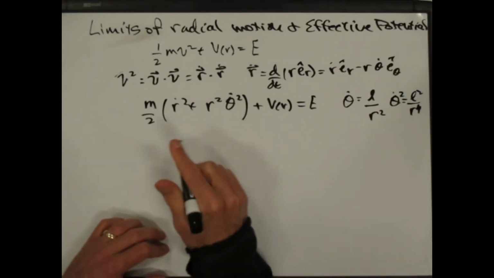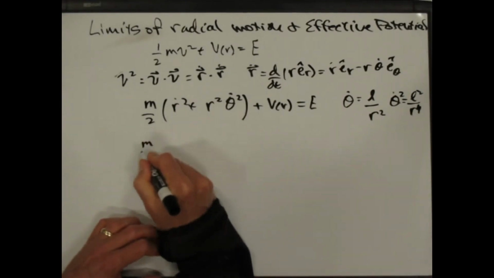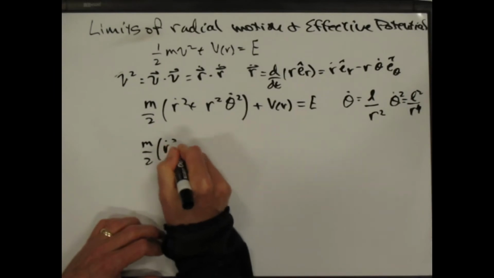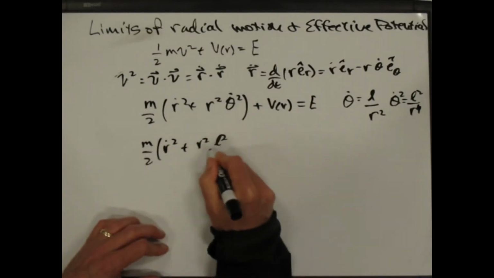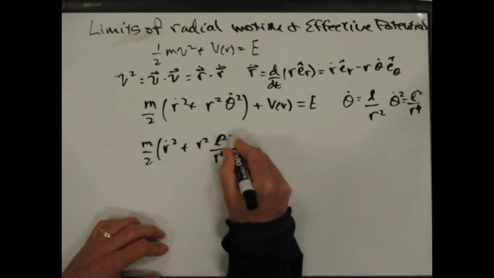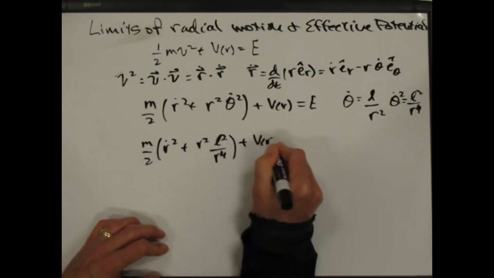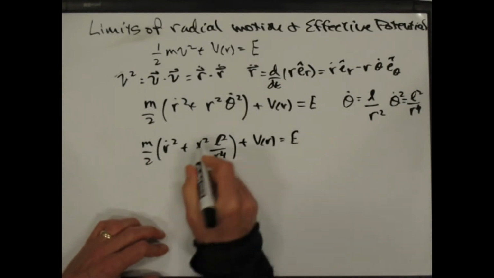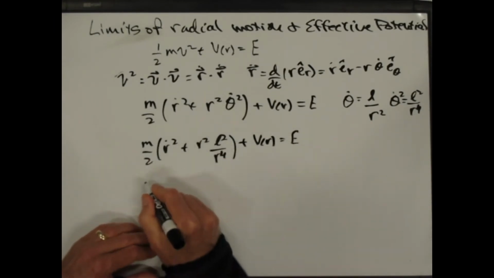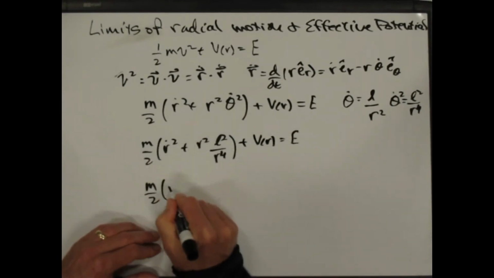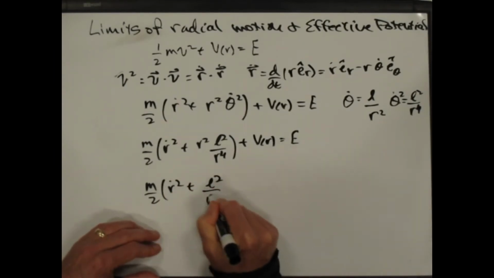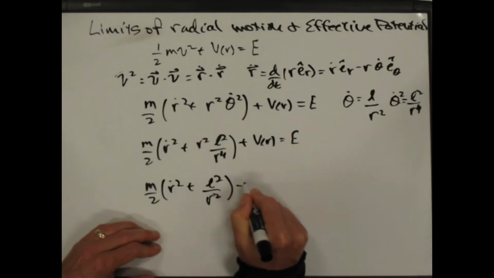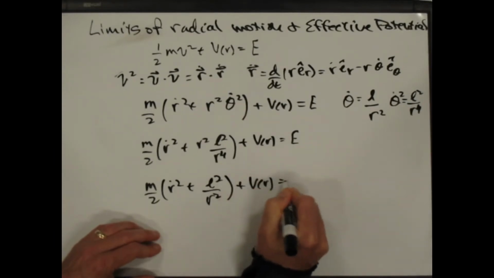And so this could be replaced with m over 2 r dot squared plus r squared times L squared over r to the fourth plus V of r is equal to E. Some of those guys cancel, and we get m over 2 r dot squared plus L squared over r squared plus V of r is equal to E.